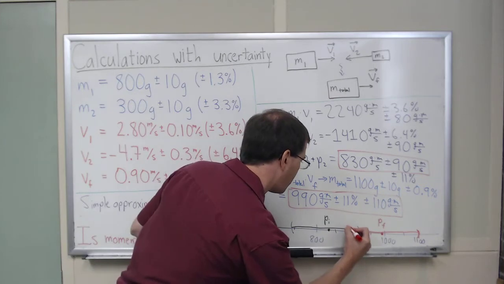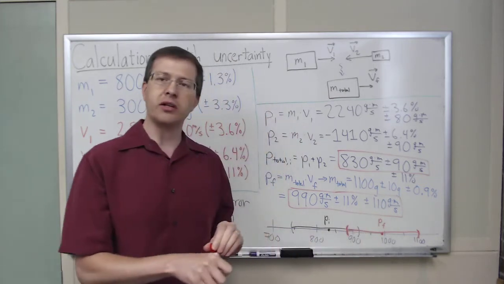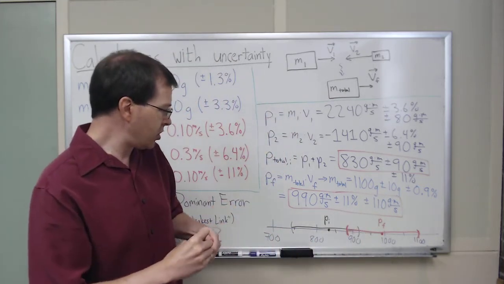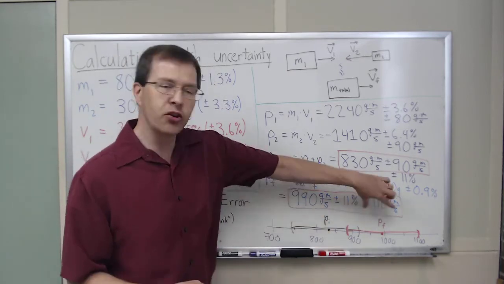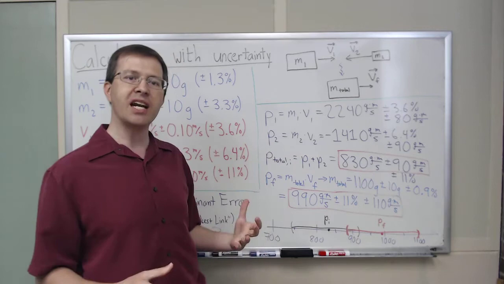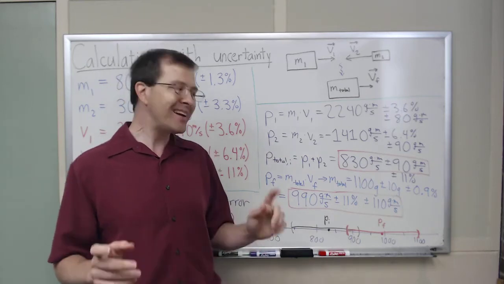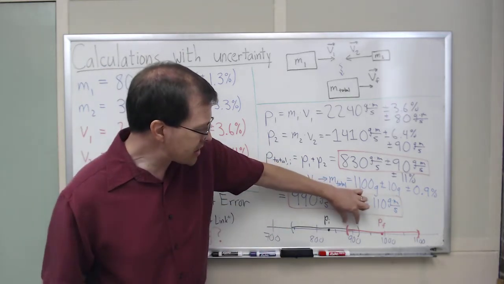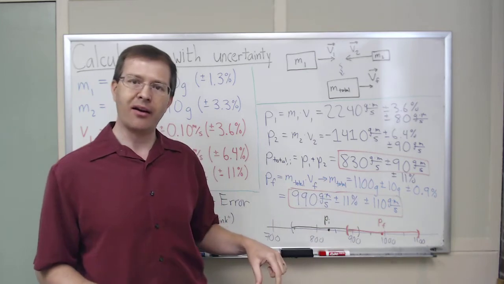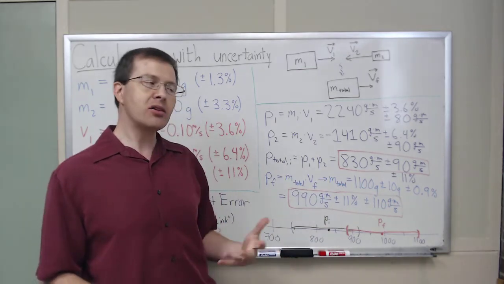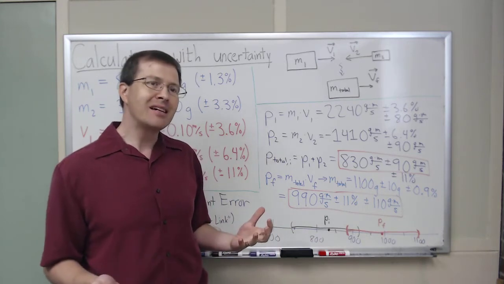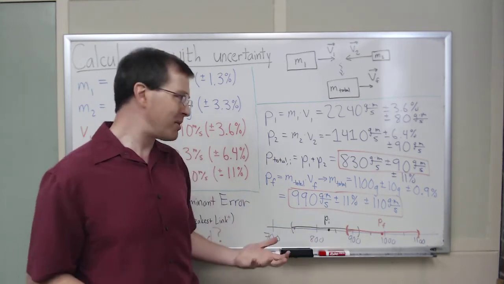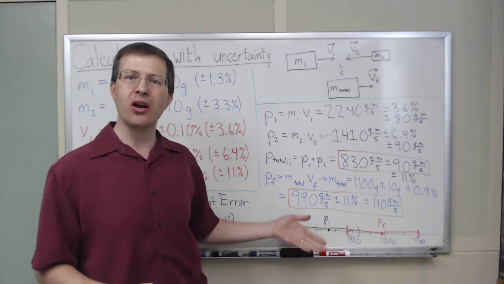Neither the P initial nor the P final is inside the other one's uncertainty range. They're both outside of each other's uncertainty range. But you'll notice the uncertainties overlap in there. As long as those two uncertainty ranges overlap, you have not ruled out the possibility that these two values are consistent.